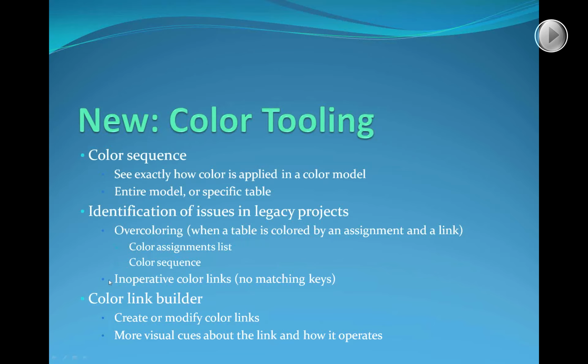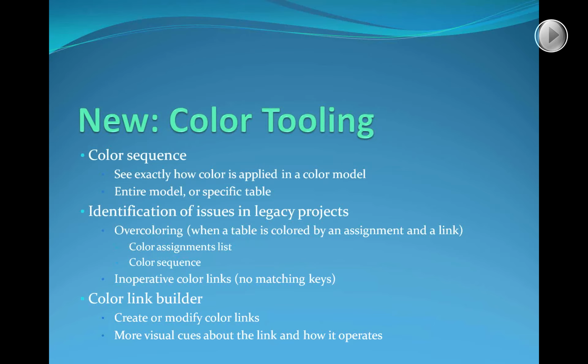Then another thing that we flag is inoperable color links. These are color links that have no matching key fields. So in past versions of the product, it was possible to create a color link that actually didn't do anything because neither of the tables had any keys that matched.